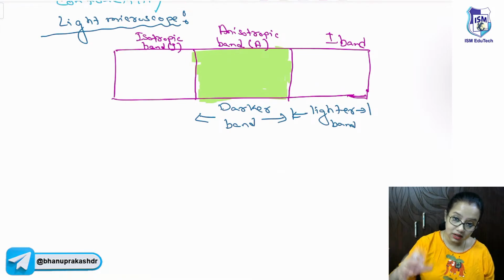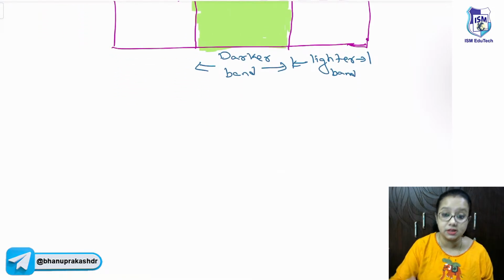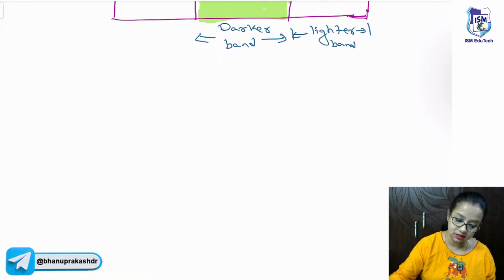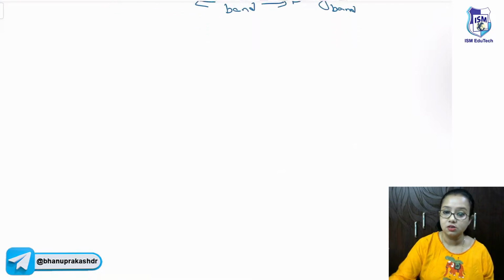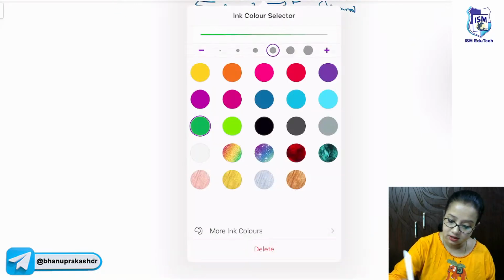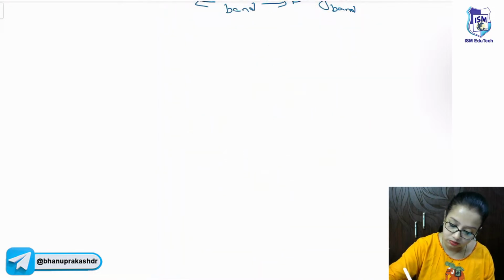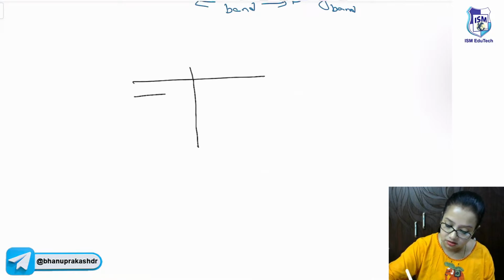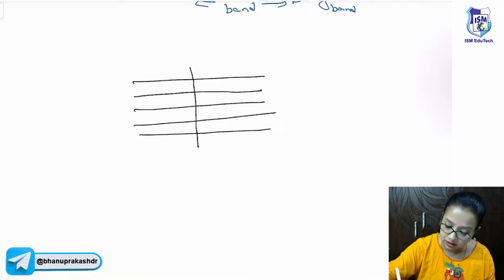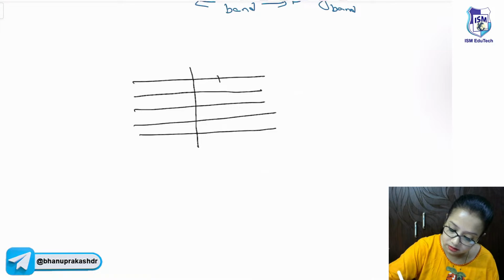Now, the electron microscopic structure reveals a structure of a sarcomere which is something like this. So, we start with the A band. The A band is like this.